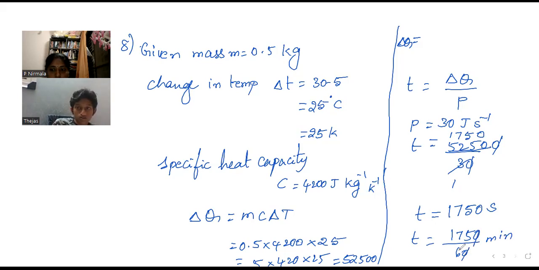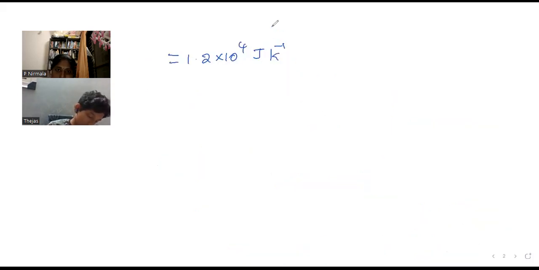So 0 0 cancel. 6 2s are 12. 5 55. 55 means 9s are, how much rest of 10. So 29 minutes 10 seconds.